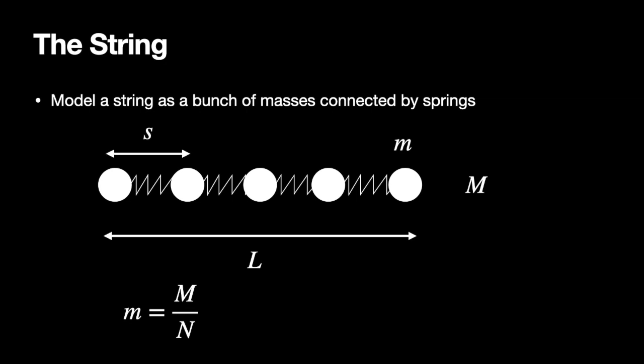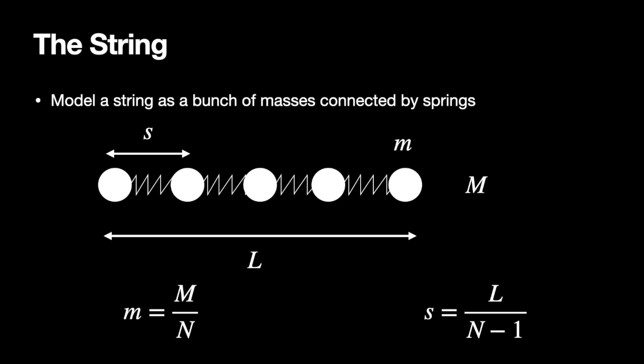Let's call that S, the distance between the balls, from center to center. One thing you might notice is that there are not n springs here, right? There are n minus 1, because I'm calling n the number of balls, not the number of pieces. So in this case, there are only 4 springs, and the length of each one would be the total length divided by n minus 1.